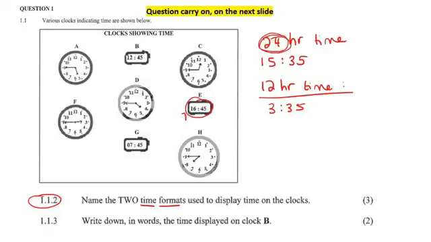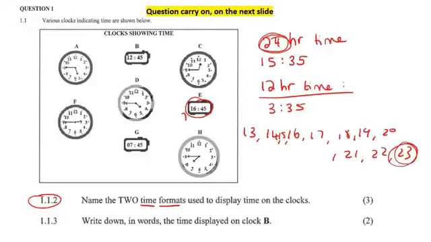So for example, 1 o'clock, 2 o'clock, 3, 4, 5, 6, 7, 8, 9, 10, 11, 12 o'clock, and then it goes 13, 14, 15, 16, 17, 18, 19, 20, 21, 22, 23, so that's 11 o'clock at night, and then at midnight, we usually go 00.00. You see how we're going all the way up to 23 or 24, if you want to think of it like that. So that's why we call it 24-hour time.